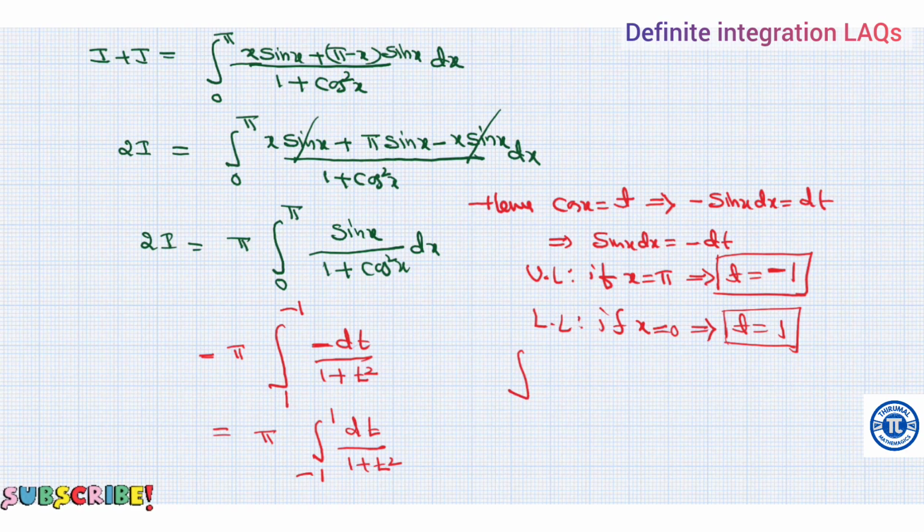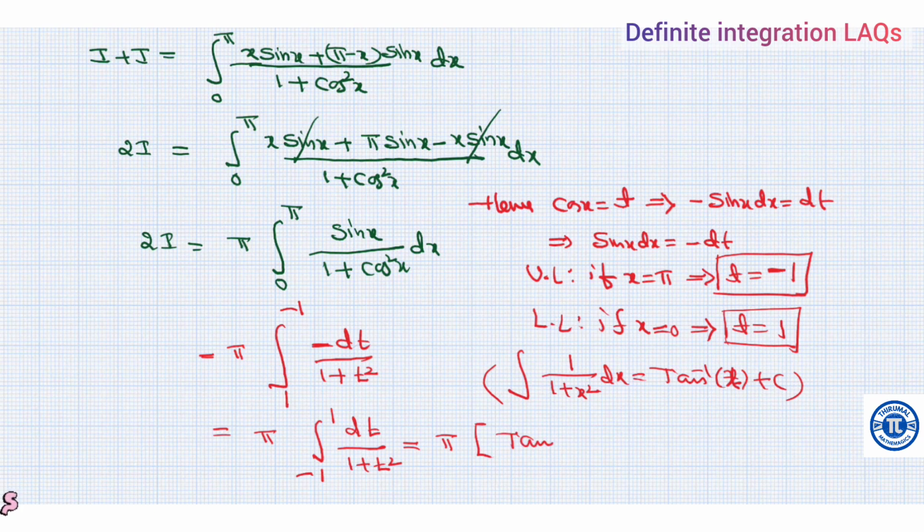We know that the integral of 1 by 1 plus x square dx is equal to tan inverse of x plus c. Apply here, it is equal to pi into tan inverse of t, with t limits -1 to 1.